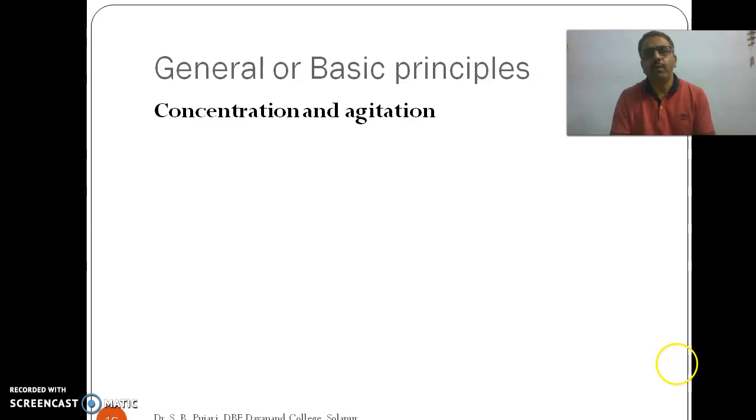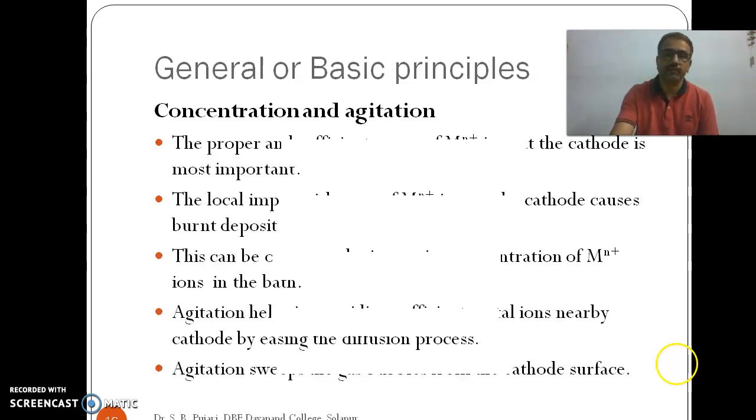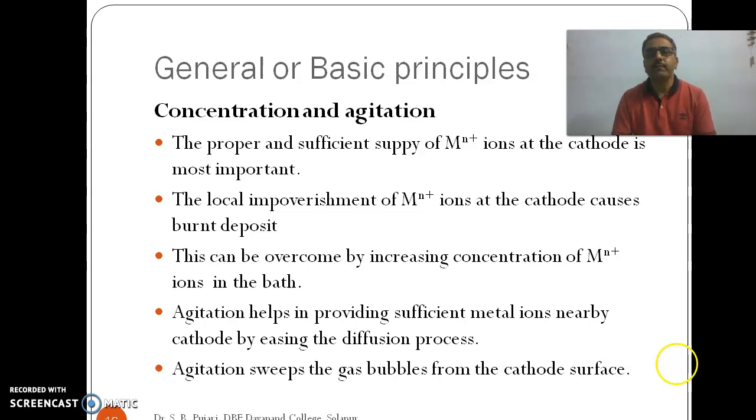The next important basic principle in electroplating technology is concentration and agitation. The proper and sufficient supply of metal ions at the cathode surface is very important, because whenever we apply the current, electrolysis starts, the splitting of the metal salts takes place, metal ions come into the solution, and because of the diffusion process, they move towards the cathode and start depositing.